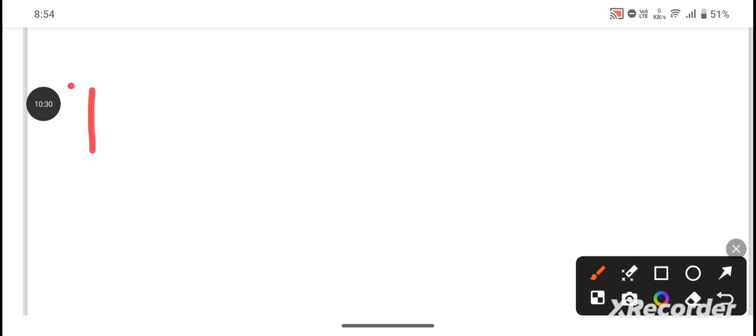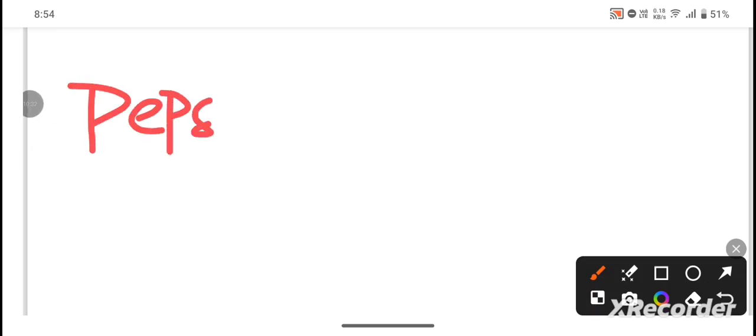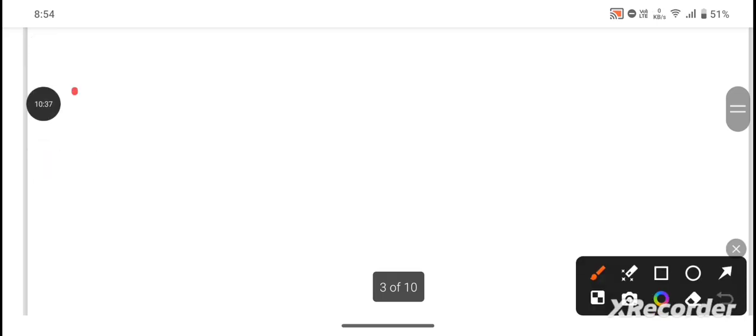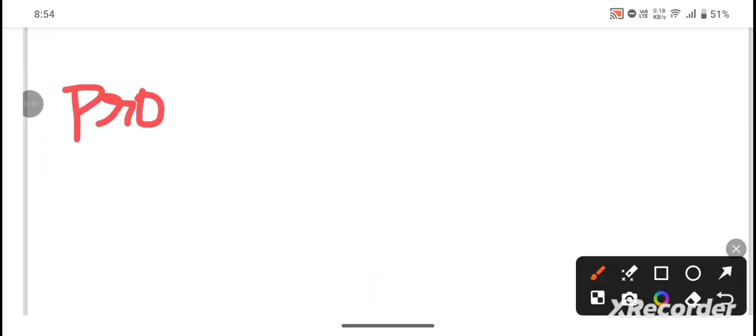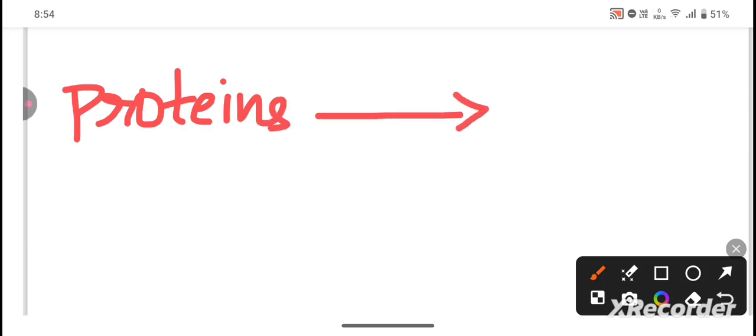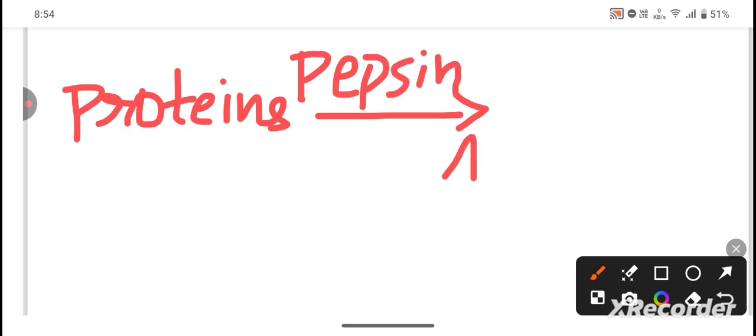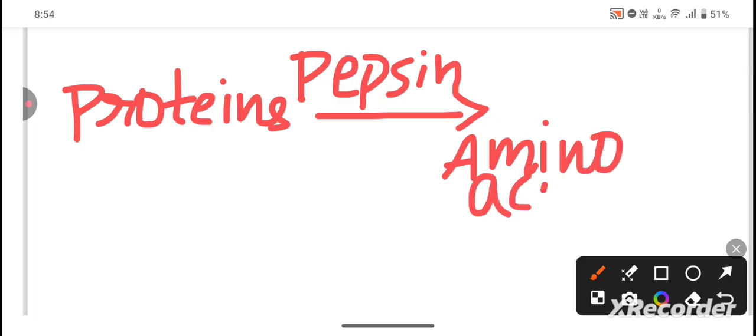So how do they digest? Let me show you like this. Proteins which are present in the food, upon the action of pepsin, will be broken down into amino acids.